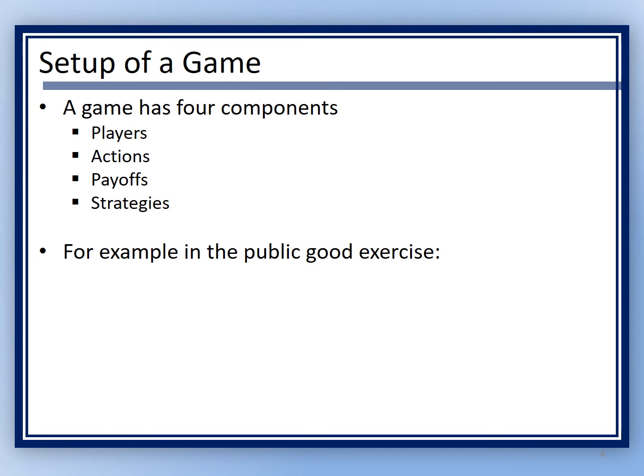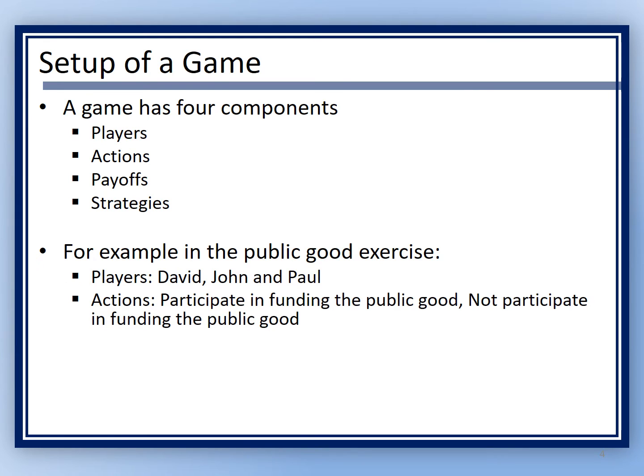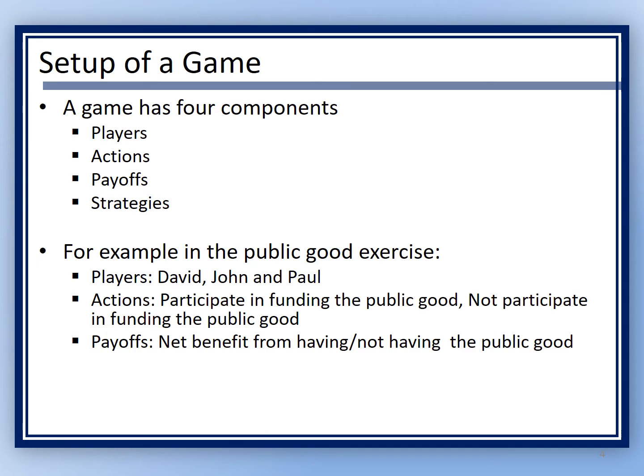For example, in the public good example that we talked about, you have David, John, and Paul as the players. The actions they can do is to participate in funding the public good or not, and the payoffs are the benefits from having or not having the public good.